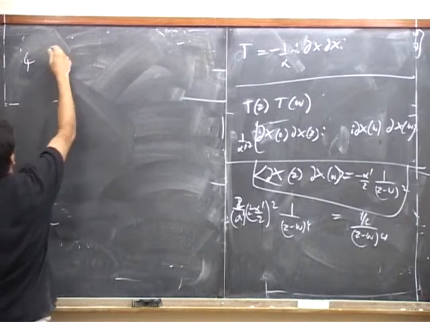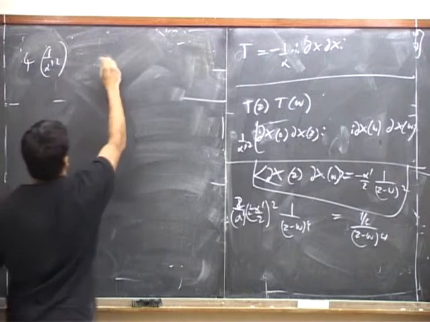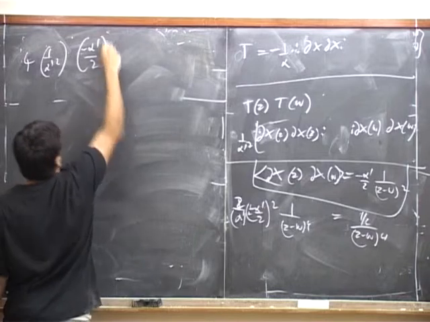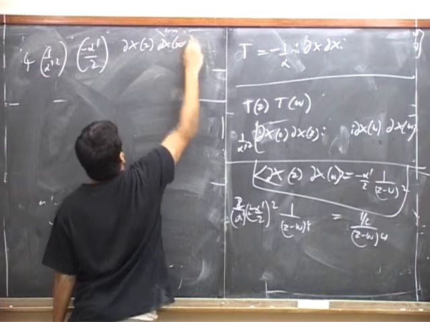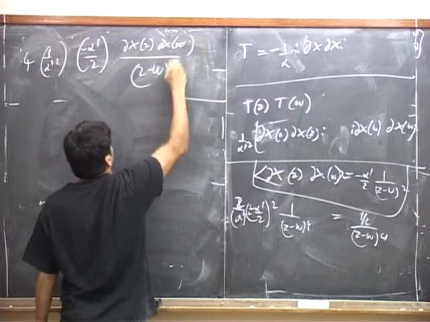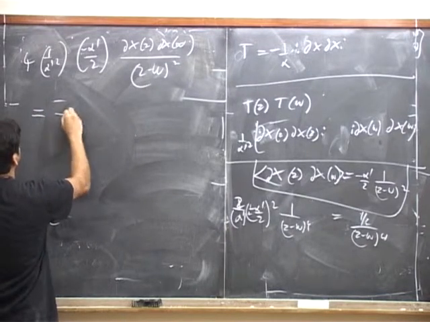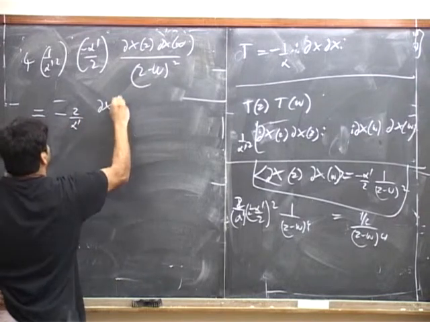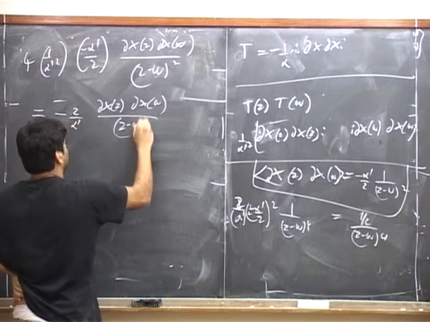Then we have 1 over alpha prime squared from the overall factor, we have minus alpha prime by 2, and then del x of z, del x of w, and 1 over z minus w squared. Let's simplify this. This is equal to minus 2 by alpha prime, del x of z, del x of w, over z minus w squared.